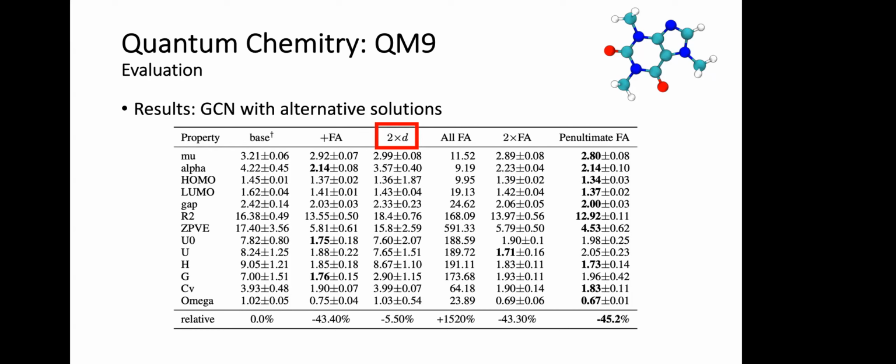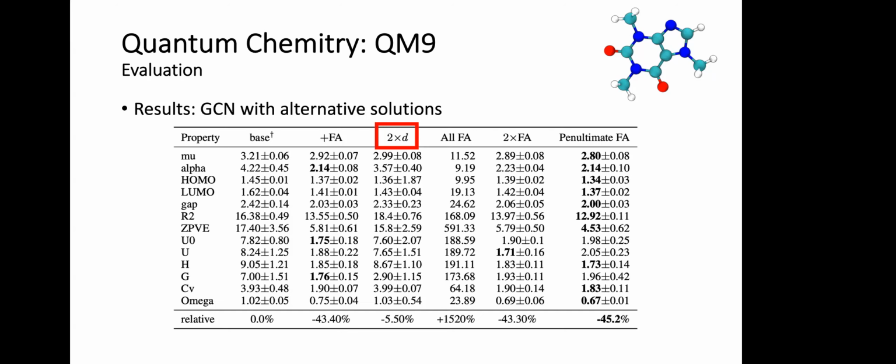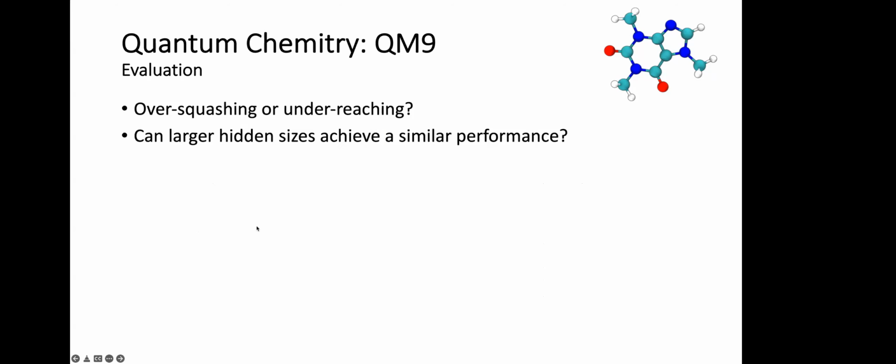So it is not about doubling or making the hidden size larger to achieve similar performance, but about adding a fully adjacent layer, which breaks the bottleneck of the over-squashing problem.